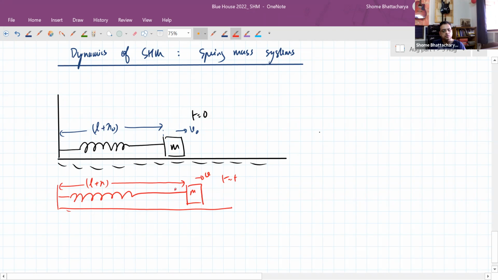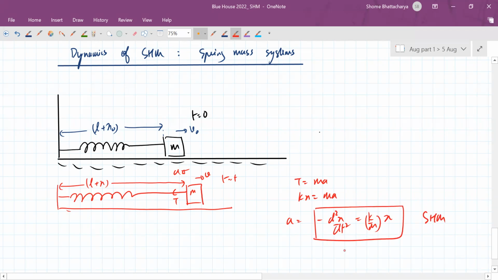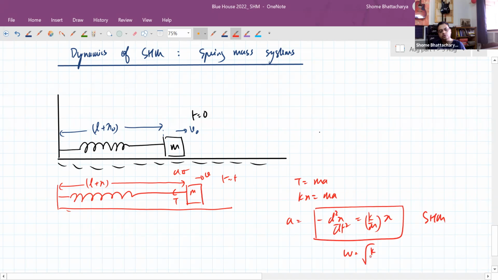So we already have this relation that F is equal to ma, so kx is equal to ma. So a, which is minus d2x by dt square, becomes k by m x. So we have our equation of SHM here. So from that we see that omega is square root of k by m. Time period is 2 pi under root m by k.